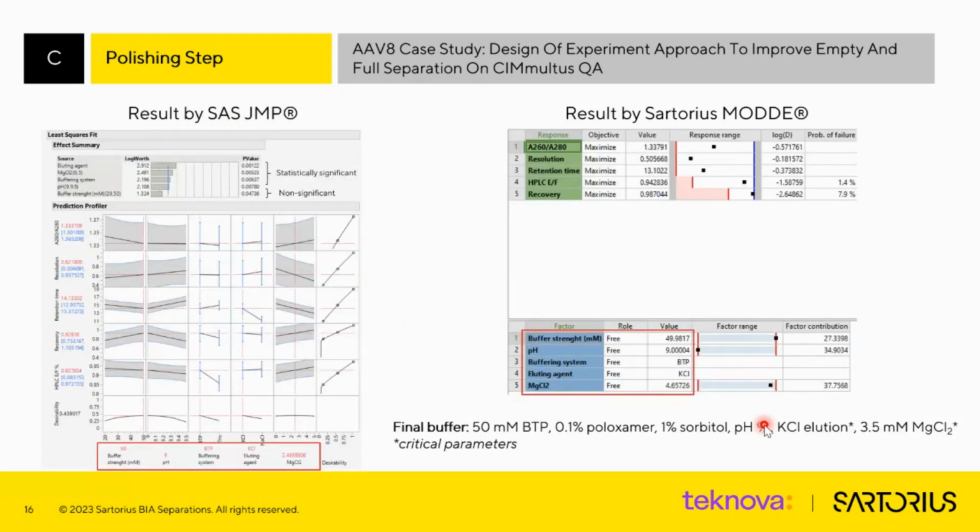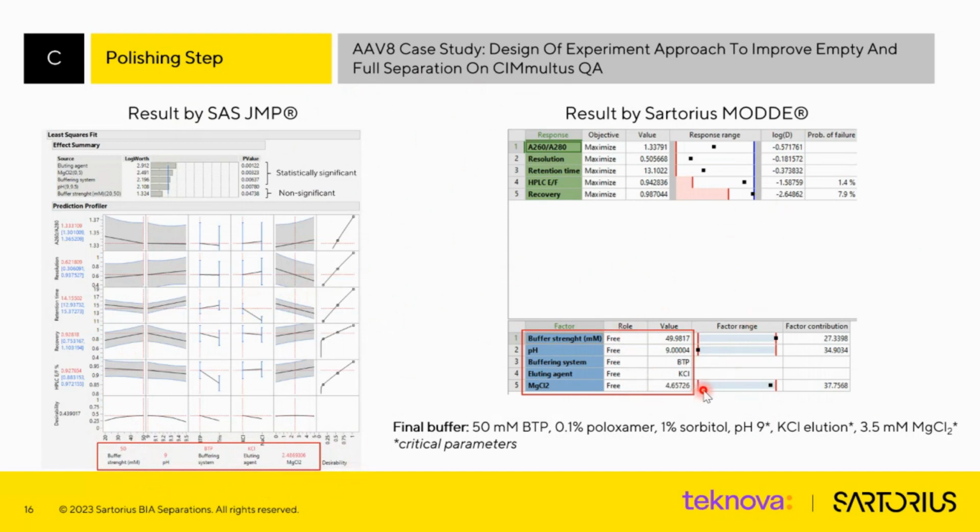Once we accepted those models, these are the responses that the two programs gave. The one on the right side, the JMP, showed that we should use 50 millimolar BTP buffer at the pH of 9, also using potassium chloride as an eluting agent, and a constant of 2.5 magnesium chloride in our buffer system.